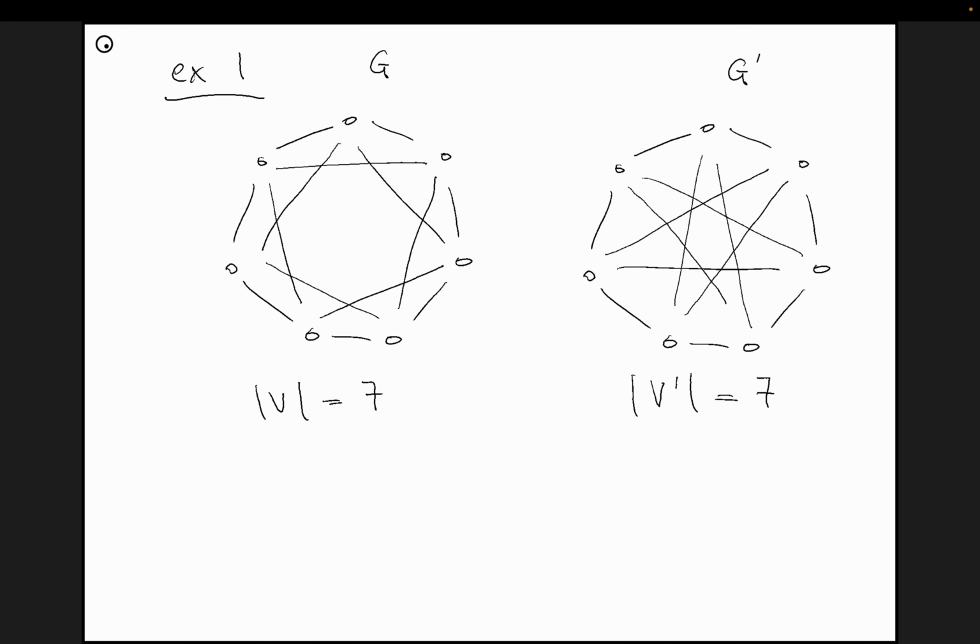So we can easily somehow put a one-to-one correspondence between those sets, but we have to respect the side constraint, or the constraint which makes the definition of being isomorphic, namely that two vertices are connected in G if and only if their corresponding vertices in G prime are also connected.